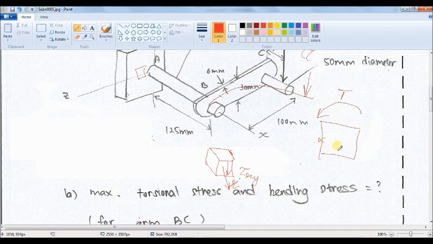Okay, if I choose a stress element at this location, right, and I draw the stress element somehow so that this face is at your front view. That means when you look from this point of view, you can see this face of the cube. That means this is the x direction.